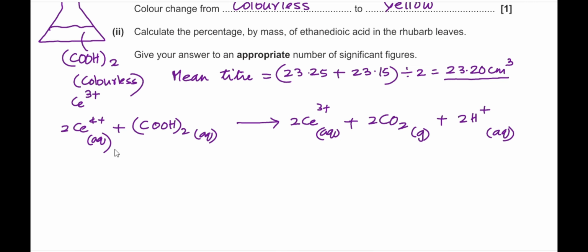Now underneath each of them, let us write what we know. So we know that the volume required was 23.20 ml, right? And then it had a concentration of 0.05 moles per dm cubed.